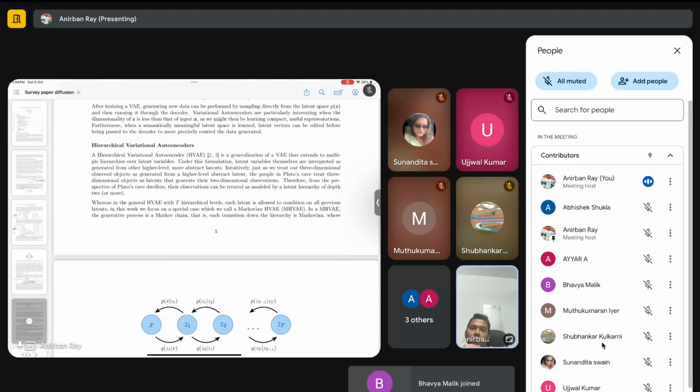Bhavya, we have just recapped the variational autoencoder, so you have missed that part. That's okay. But if you have any doubt in understanding VAE, we can take it again, or some part of it. No doubt?